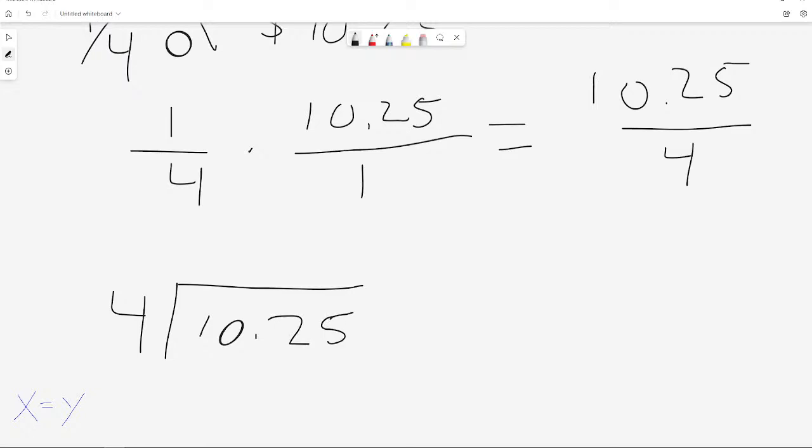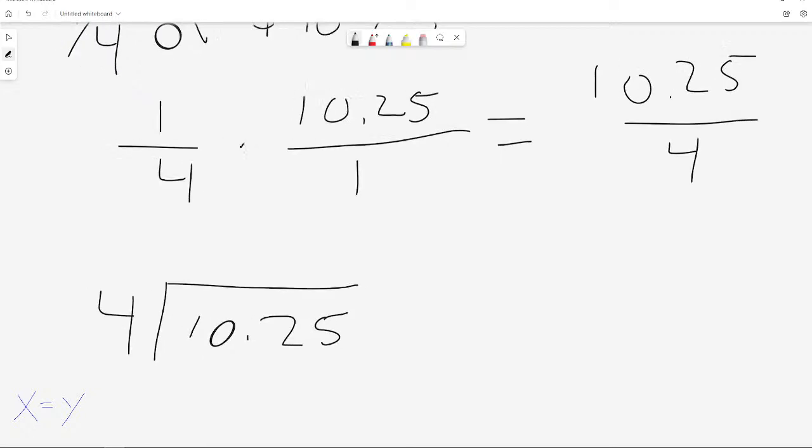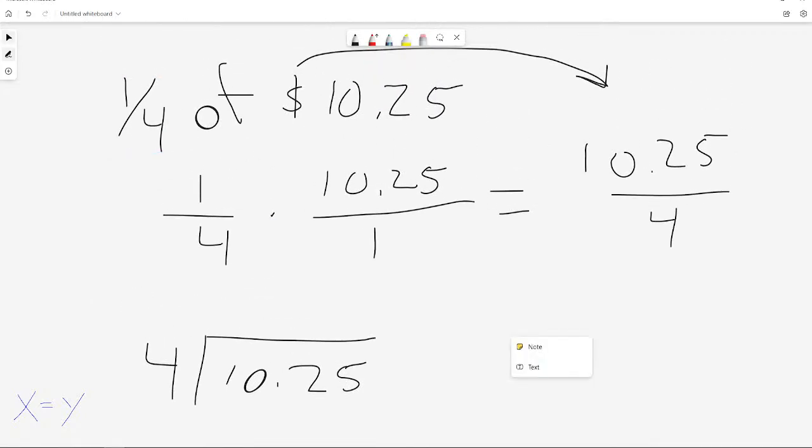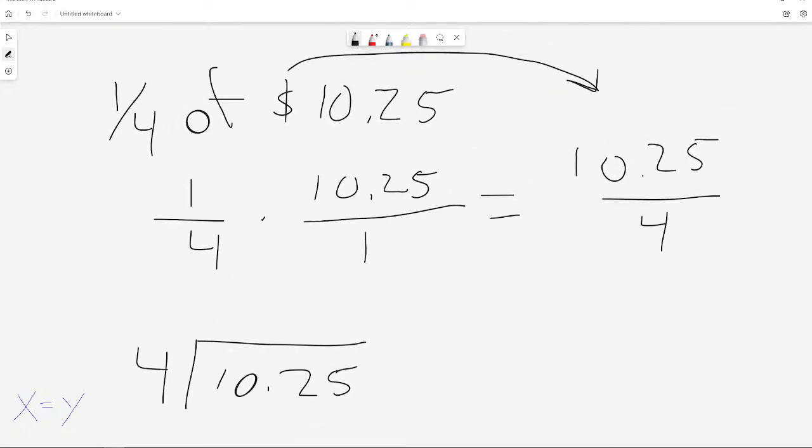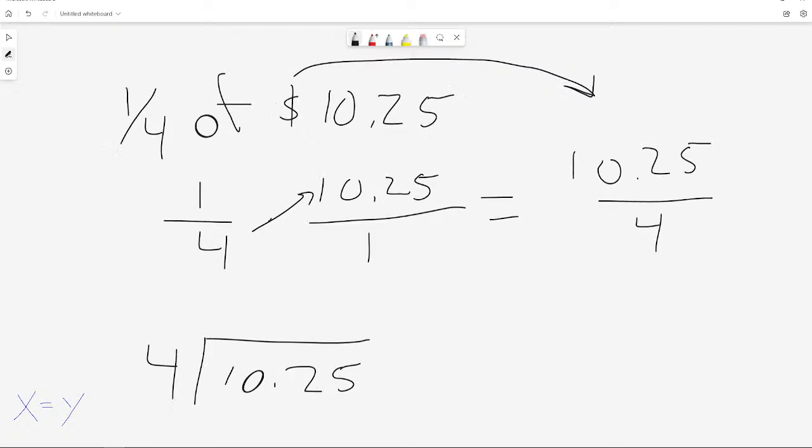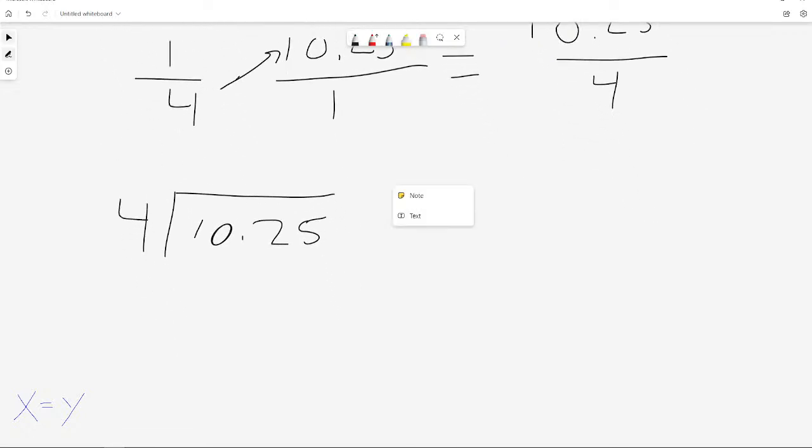Now in school they might want to see one of these 2 previous steps, but the reality is if you see something like this, oh, I need to find what 25% of 1025 is, or 1/4 of 1025, well, I recognize that it's 1/4, so you can pretty much do it in your head. So now we have 4 goes into 10 twice, for 8. 22.